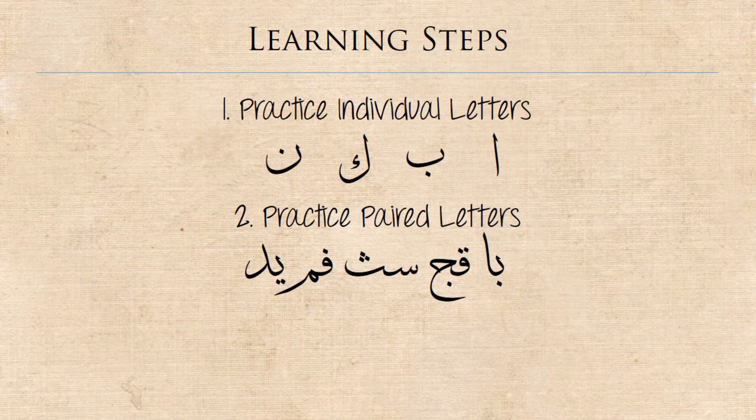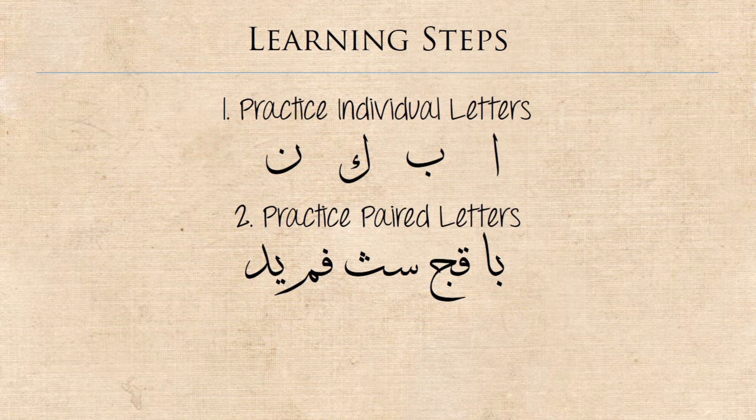For example, let's take the first commencing letter in the alphabet, which is the ba. So we'll take the ba and connect it with every other letter that is in the Arabic calligraphy alphabet. So it will be ba alif, ba ba, ba jim, ba dal, ba ra, etc. for each of the letters in the Arabic calligraphy alphabet.